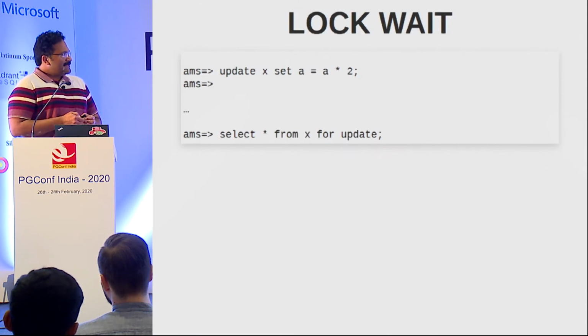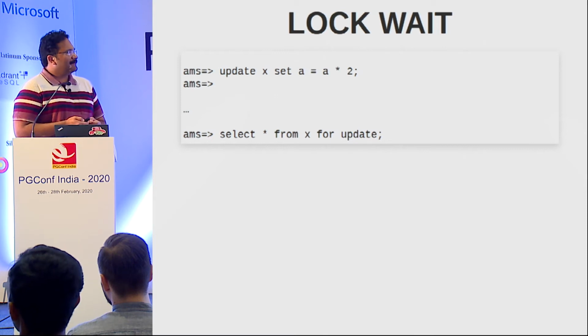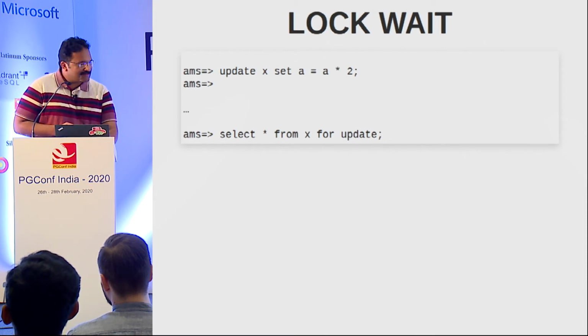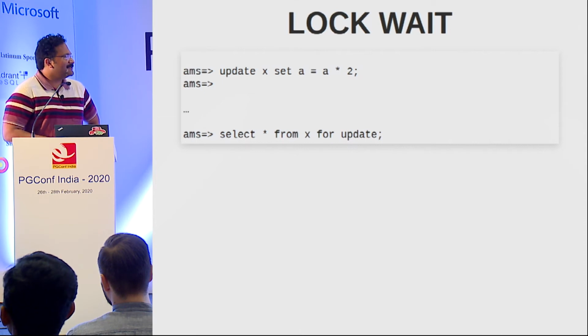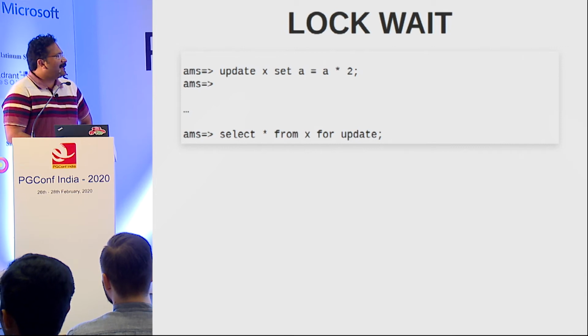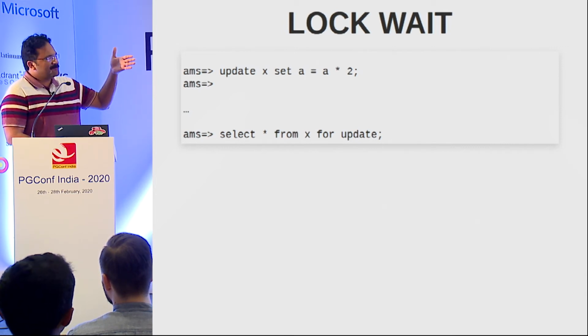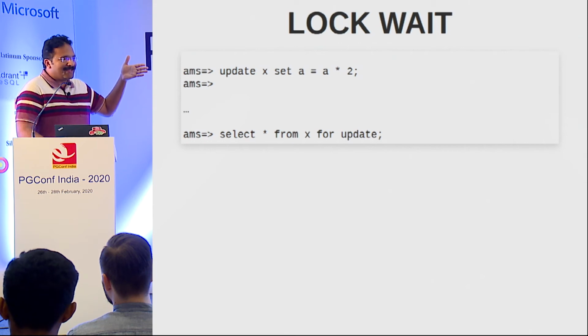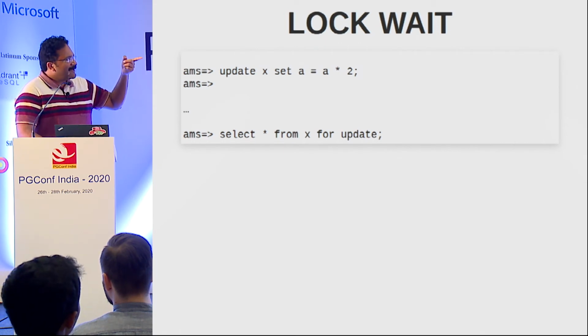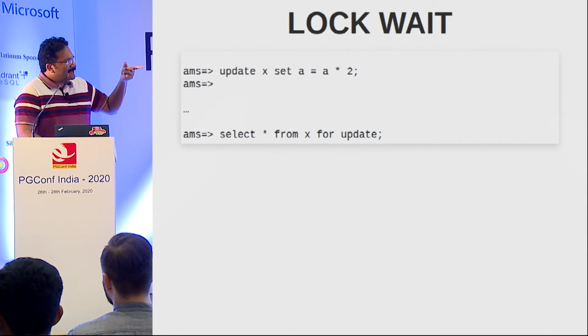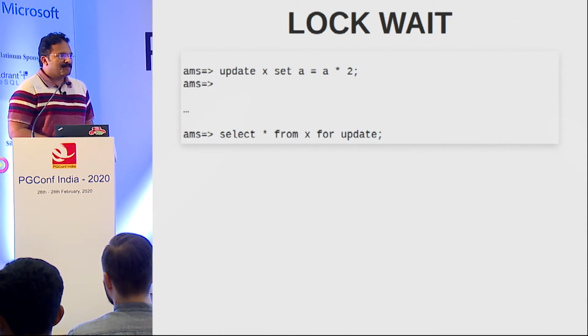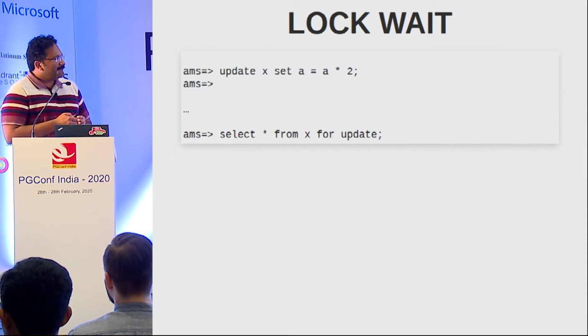So now in one session, I run an update command. My X table has a column which has some integer values, so I just double them. And note that these are both running in explicit transactions because I ran begin in PSQL. Right, so my update runs and completes. And in the other session, I have run select star from X for update. So I'm trying to acquire a for update row lock in the second session.